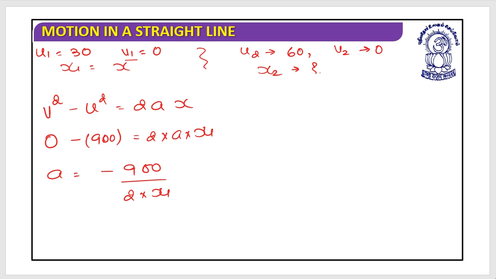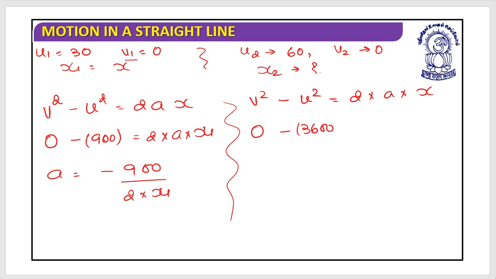Now let's do this again. Write down the master formula: v square minus u square is equal to 2 into a into x. Now in this situation, v is 0, u is 60, so 60 square is 3600. This is equal to 2 multiplied by the acceleration, which is minus 900 divided by 2 into x1, multiplied by x2.